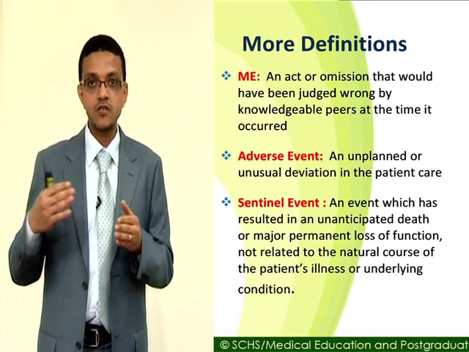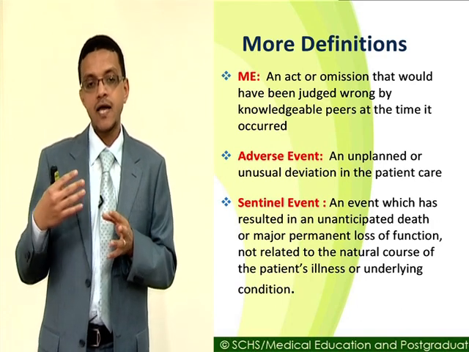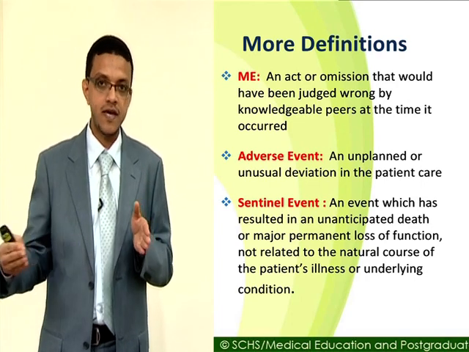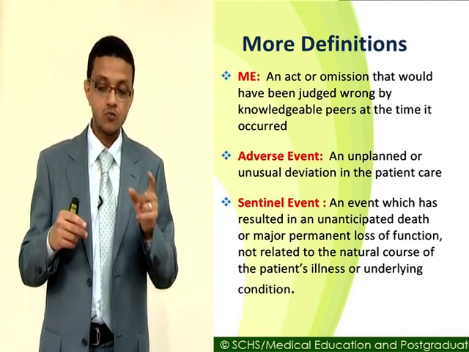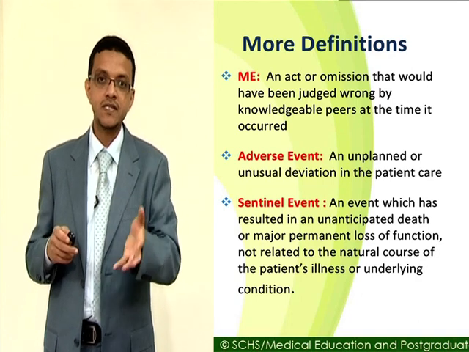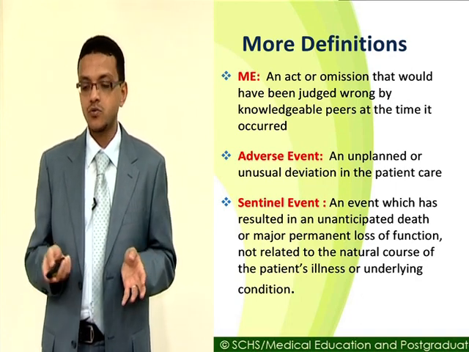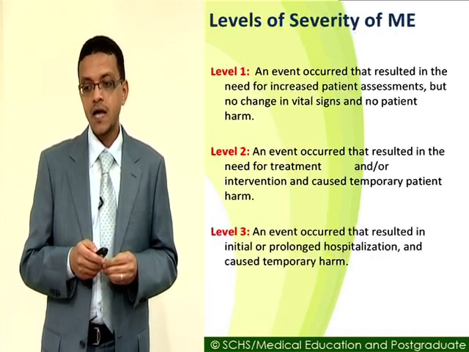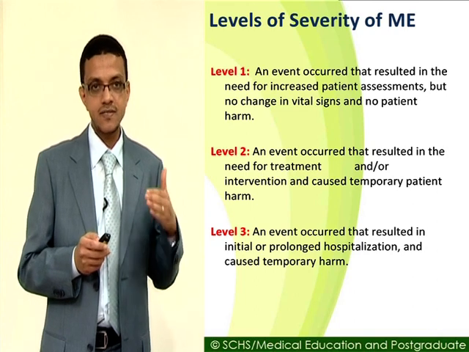So if this happened, this could be explained by the fact that the condition itself could lead to this. However, when we're talking about the sentinel event, we're talking about an event that is almost completely not related to the care.